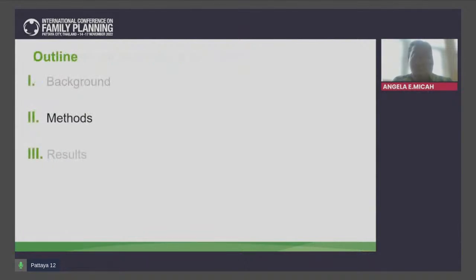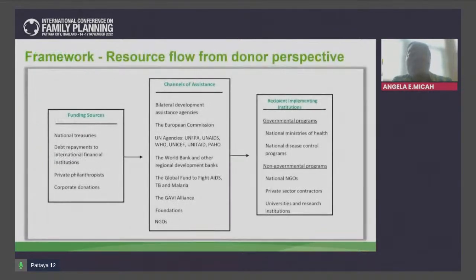Moving on to methods, this is the overall framework that we use, looking at resource flow from the perspective of the donors. We start from originating sources that could be the national treasuries, international finance institution debt repayments, private philanthropists, and corporate donations.